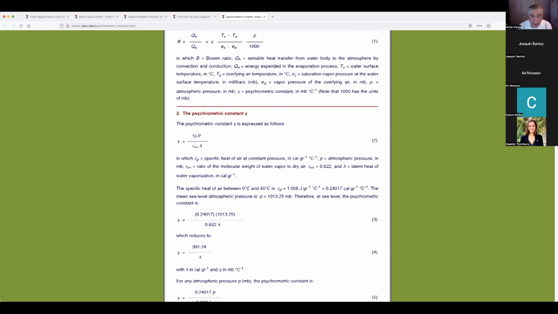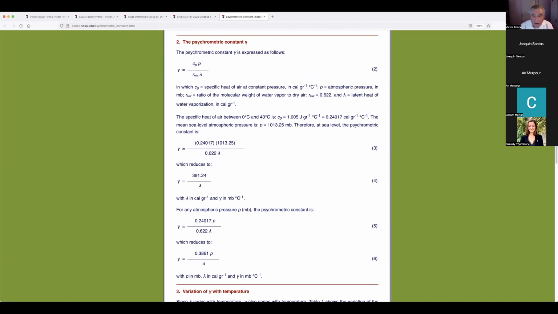The psychrometric constant, according to all books like Meitman's, is this definition, equation number 2. When we plug in the numbers, we get gamma as a function of lambda, which reduces to gamma, the psychrometric constant, equal to 391.24 divided by lambda, where lambda is in calories per gram.